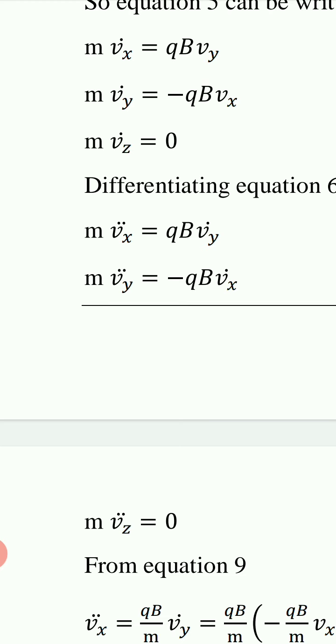Vx dot becomes vx double dot, one dot is increased. One dot represents one differentiation with respect to t. So differentiation of vx dot with respect to t becomes vx double dot, and on the right hand side we have q b vy dot. Differentiation of vy is vy dot.